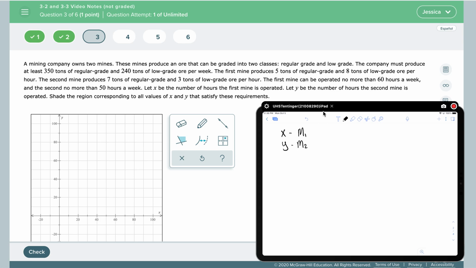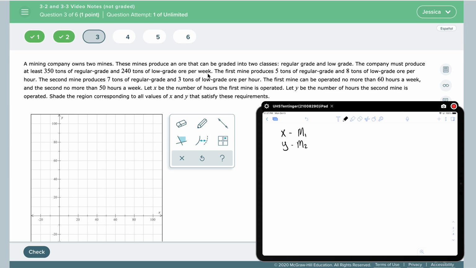Okay, so this one's a little bit different for our setup. So there's a couple of things that we need to make sure that we're doing if we get stuck. So we're trying to find our totals again, because that will help us set up our equations. So it says the company must produce at least 350 tons of regular grade and 240 tons of low grade per week.